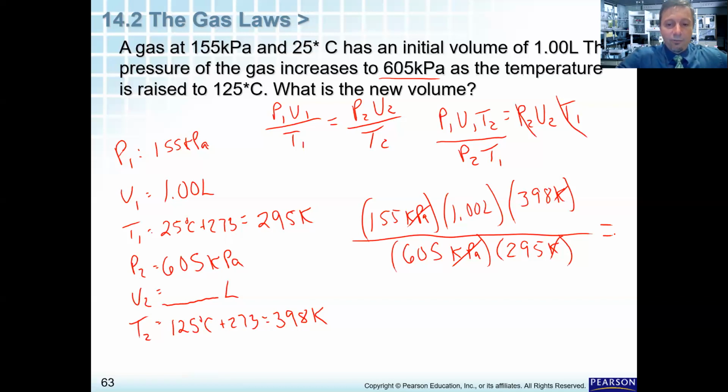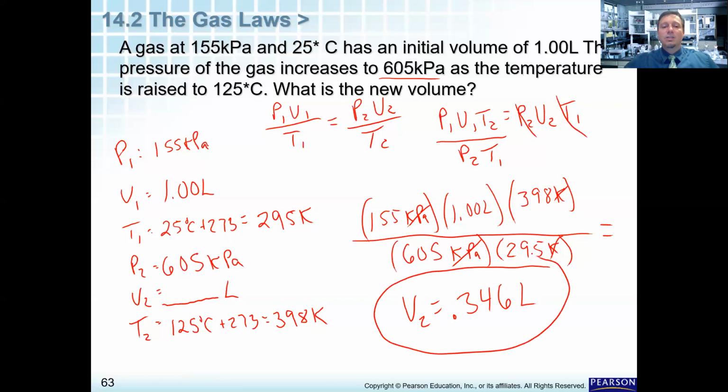All right, so my volume 2, 3 sig figs, 0.346 liters. So that is my new volume. So I've fallen in my volumes from 1 liter down to 0.346. Okay, so now let's look at the next problem.